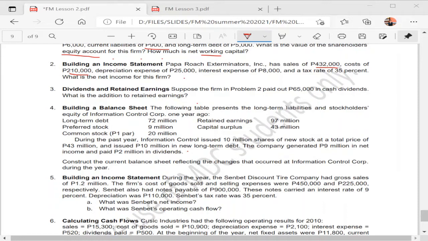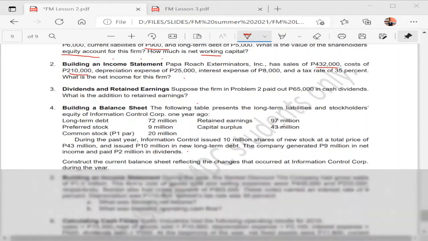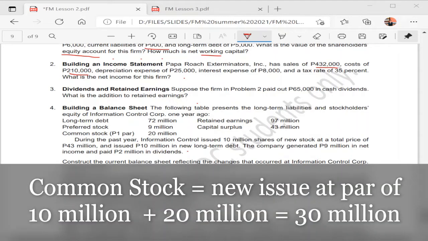It should always be according to the par or the stated value. So if there is an issuance of 10 million shares, that should be multiplied by the par of 1 to get the common stock issued. So 10 times 1 is 10 million, plus 20 million. Then the total for common stock is 30 million. That's correct.